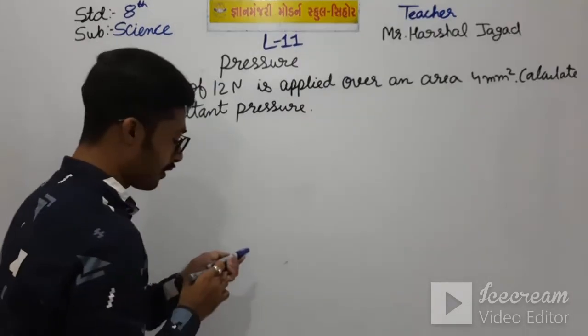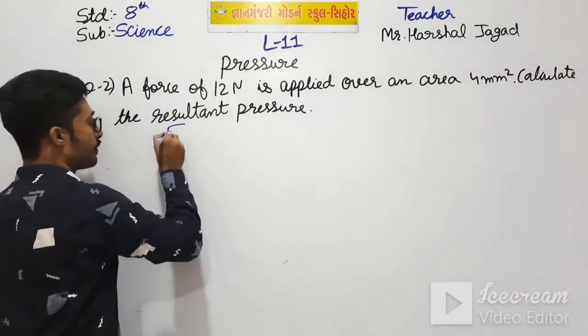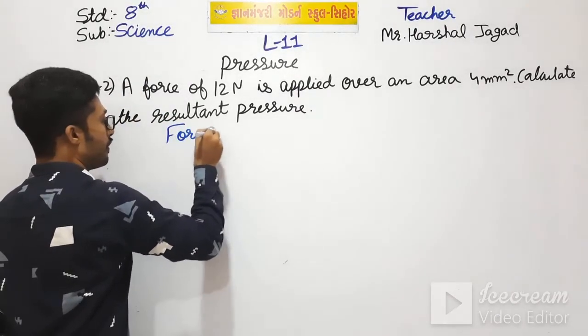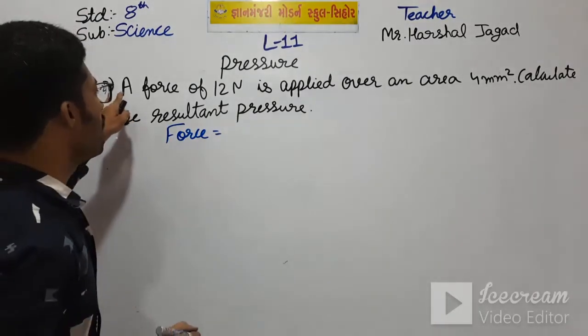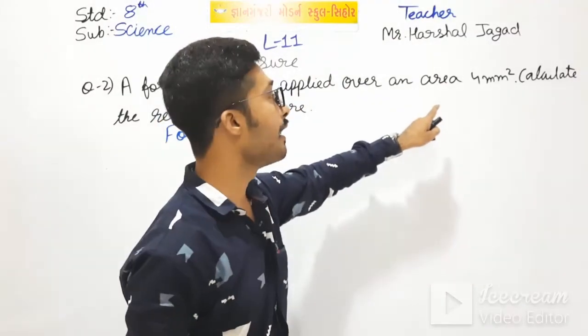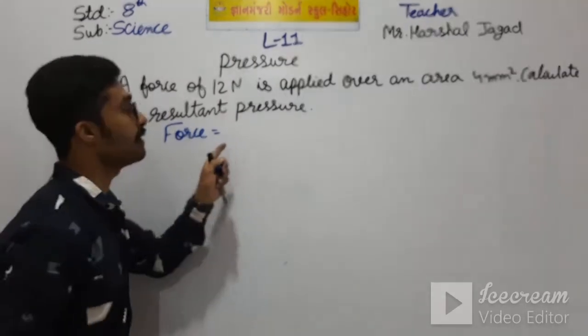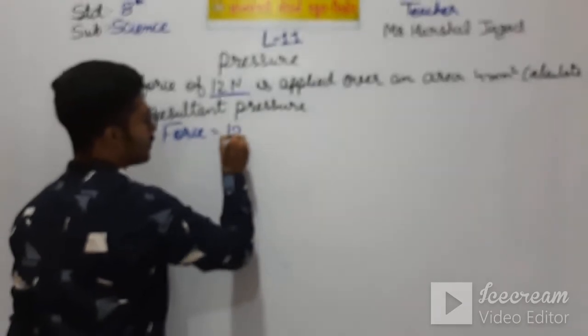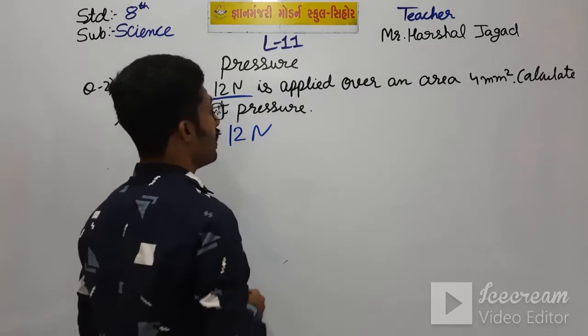So first of all, what we have to write? We have to write force. First of all we have to read the question. A force of 12 Newton is applied over an area of 4 mm square. Calculate the resultant pressure. Force is 12 Newton and next is area.